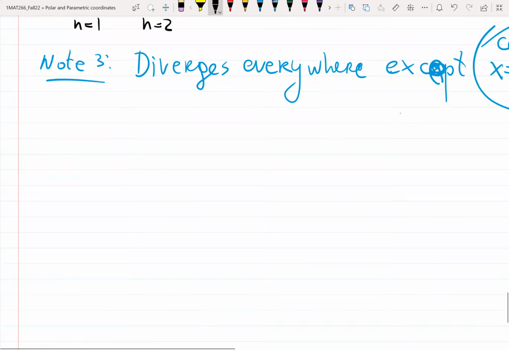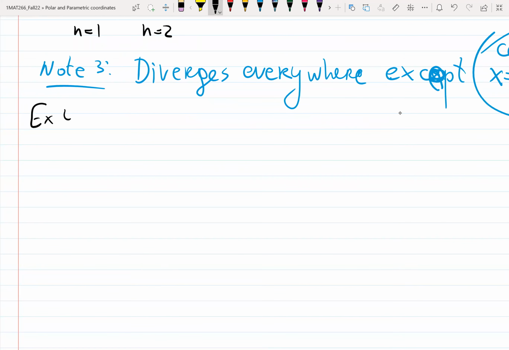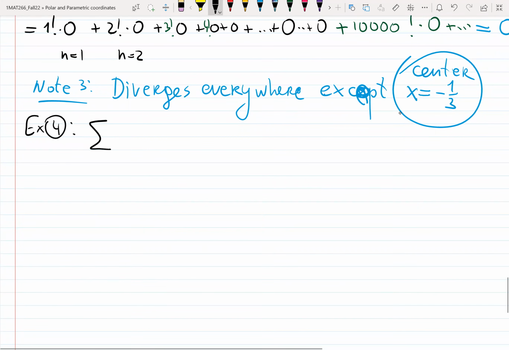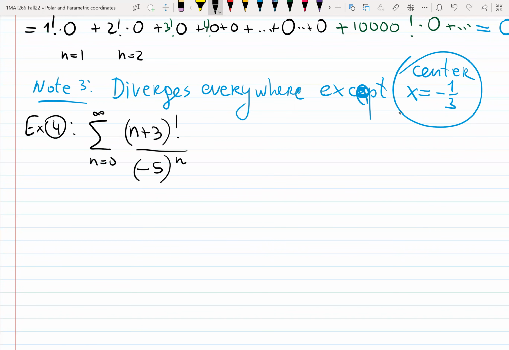Now example number 4. What if the series looks like this? n plus 3 factorial over minus 5 to the n. And there's no x in it. Let's see what's happening here.